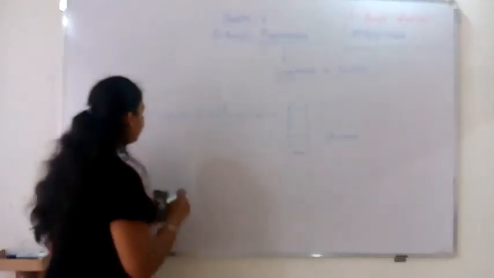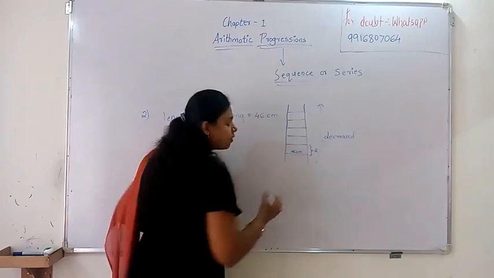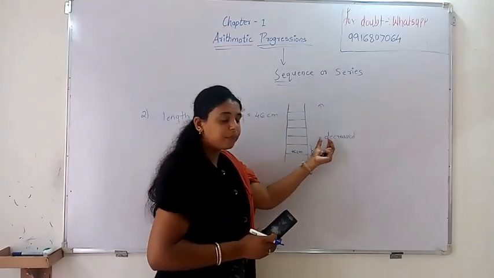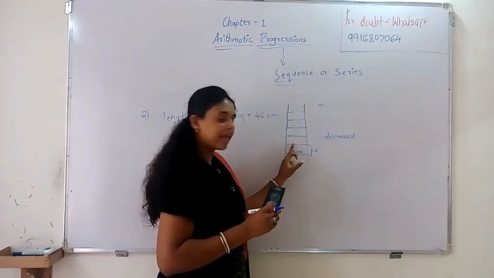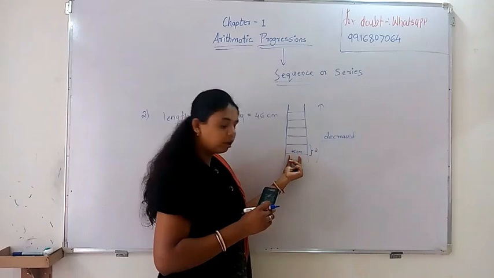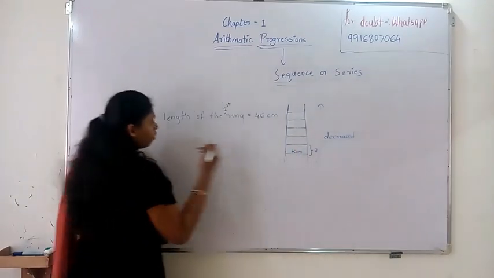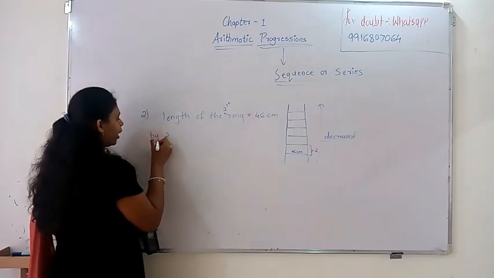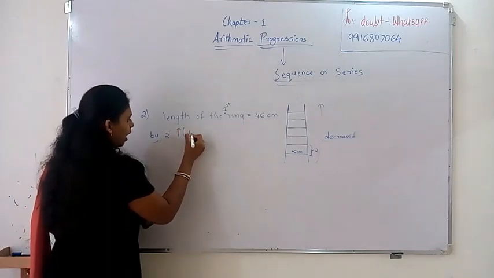Then for the second rung, the difference is 2. One more thing to observe: decreasing means obviously the first rung is greater than the second one. So this ladder goes on decreasing by 2. I'll show it with an arrow.